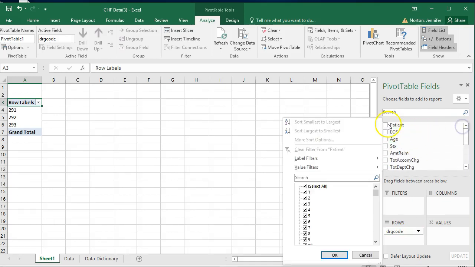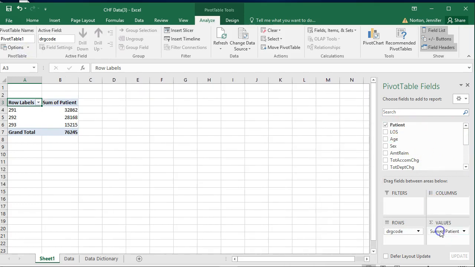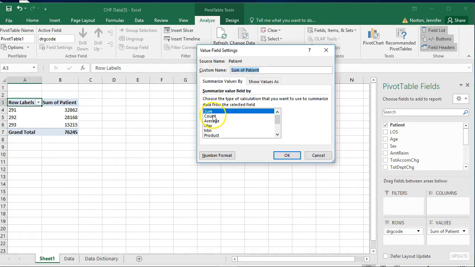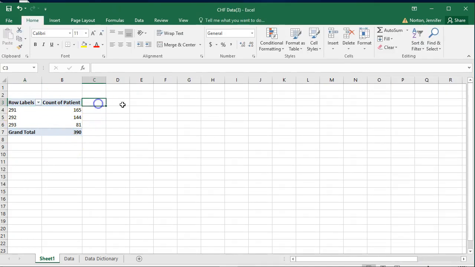And remember it automatically sums. We don't want it to sum, we want it to count those patients. So we can see that this is how our patients are spread through our data set. We want to do a row of calculations to see what percentage is of each group, and we're going to label it percentage, and we're going to center that.